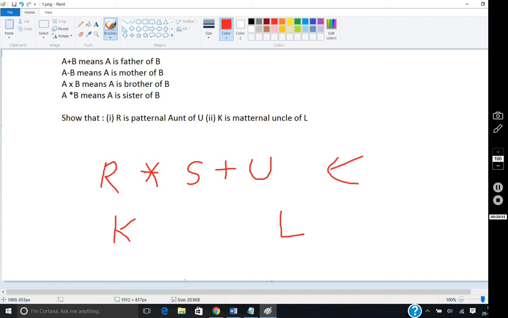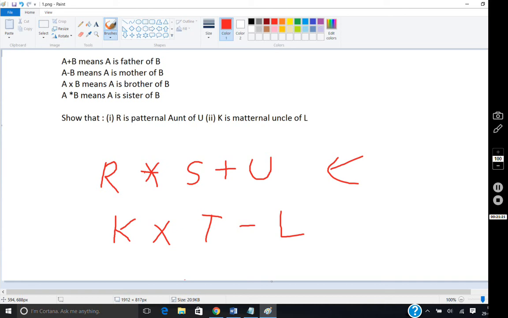So we have to assume the mother of L. I have taken T here, and to show the relation of mother we use the hyphen sign, and to show the relation of brother we use cross. So this relation is K is maternal uncle of L.